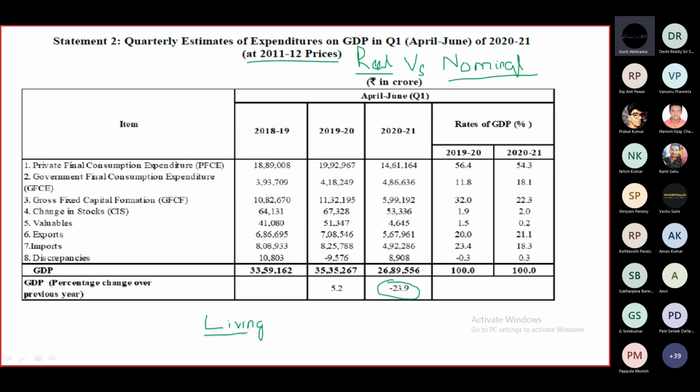We'll discuss them when we discuss how to measure our GDP. For the time being, we can take this real GDP as a substitute or a proxy for our living conditions.